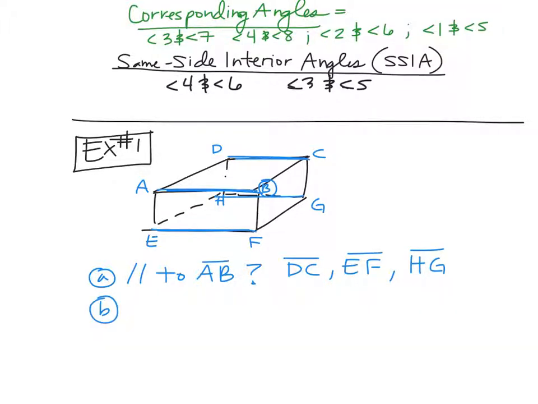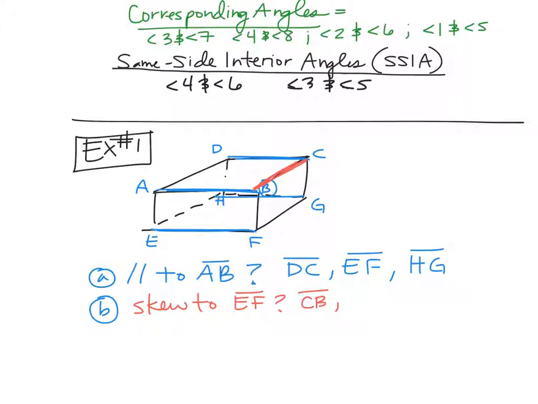What about skew? Skew to EF. Okay, so if I have segment EF, what is skew to that? Which one? CB would be one. Can someone else give me one?